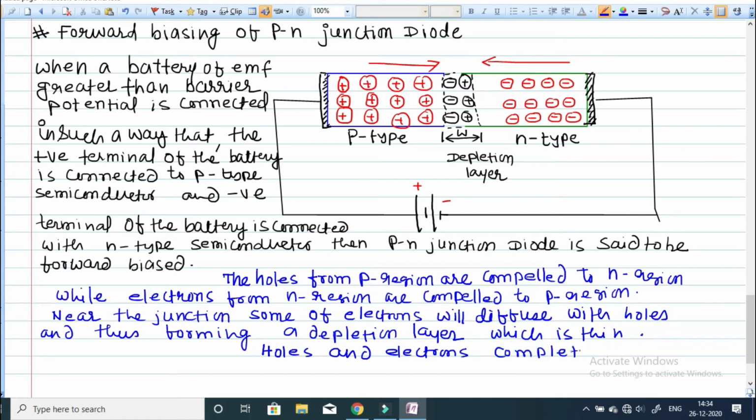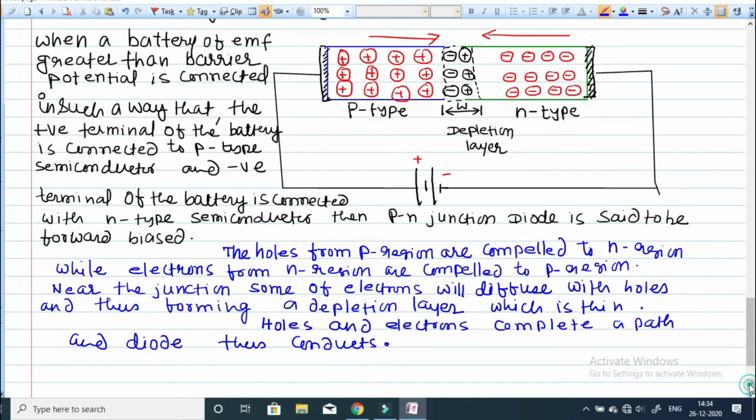In this case, the diode thus conducts, provided the applied voltage is greater than the barrier potential. So this is the process of working of PN junction diode in case of forward biasing.